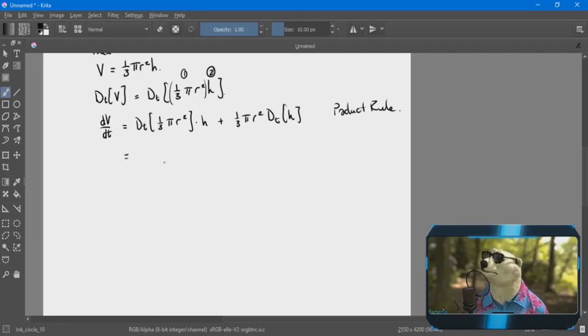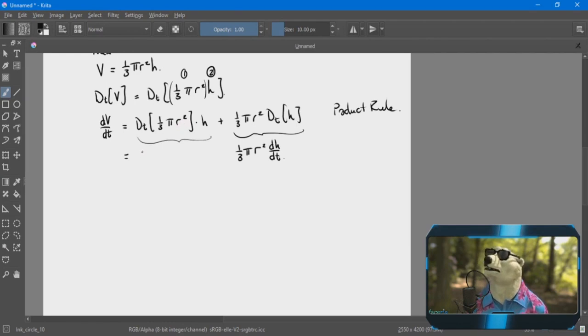So now let's do the second one first, because there's not much to do. The derivative of h, and h is just on its own, it's just dh/dt. Whereas the first one, I have a function of a function, in that r is a function of time, and then that function is being squared.